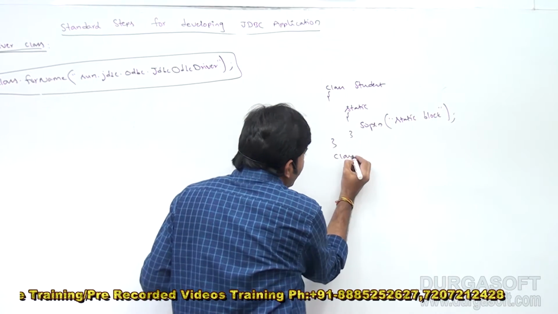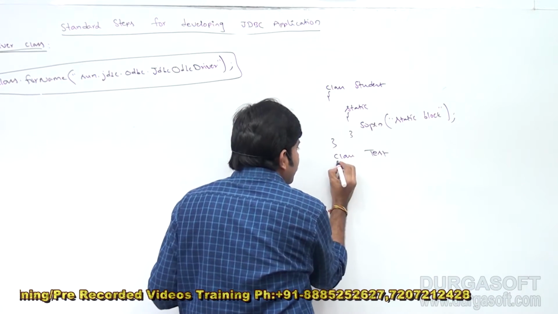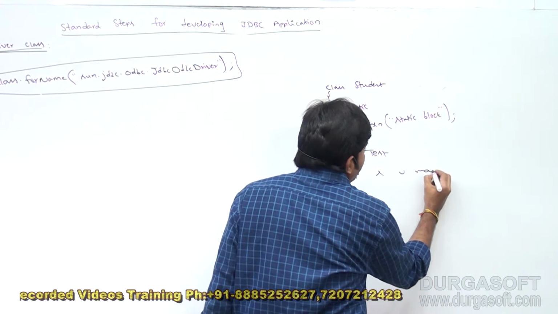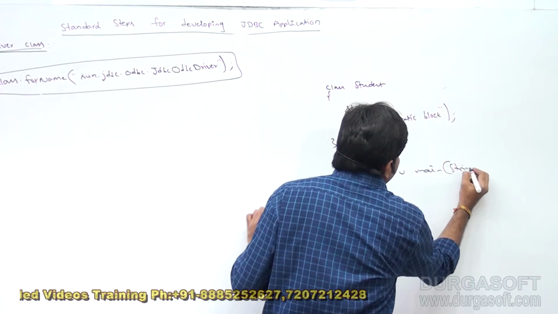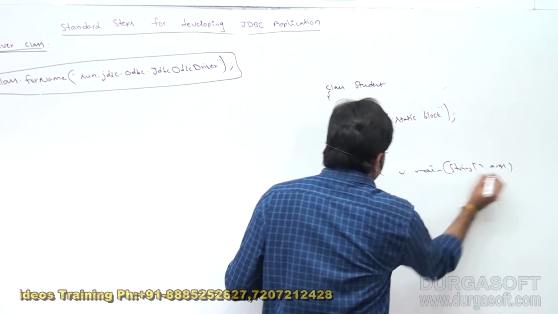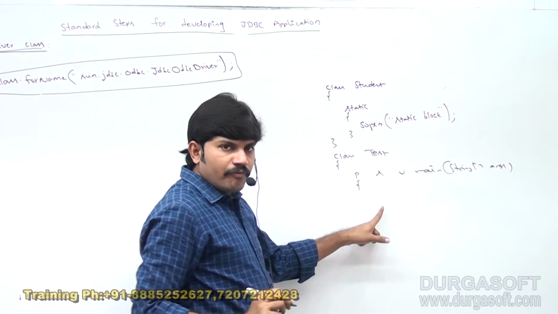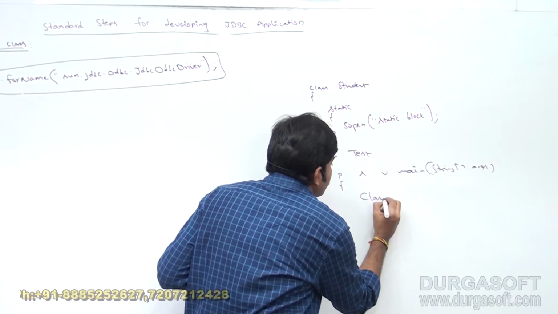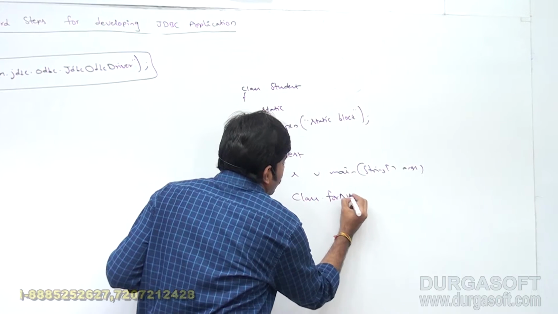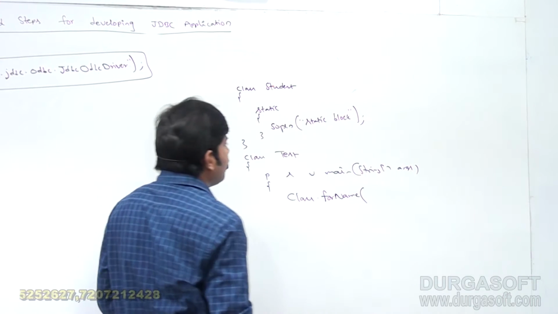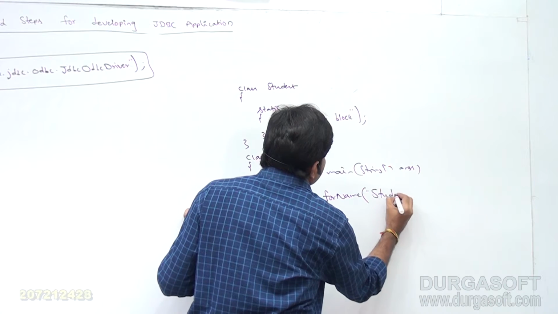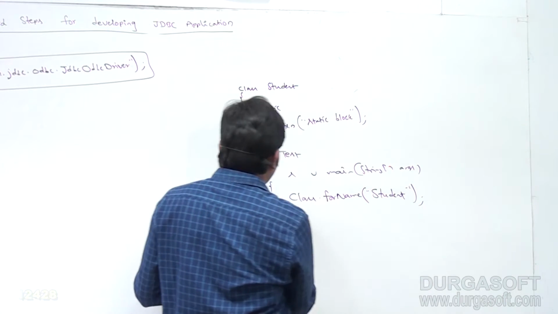Similarly, I have a class Test, the main class, with public static void main(String[] args). From the Test class main method, what I'm taking? Class.forName of Student.